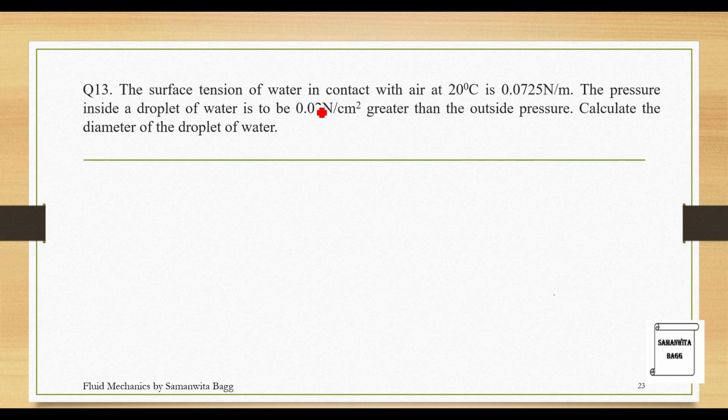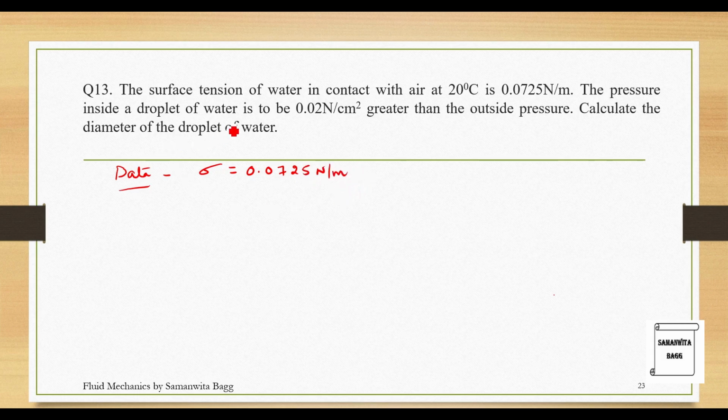The surface tension of water in contact with air at 20 degrees Celsius is 0.0725 Newton per meter.